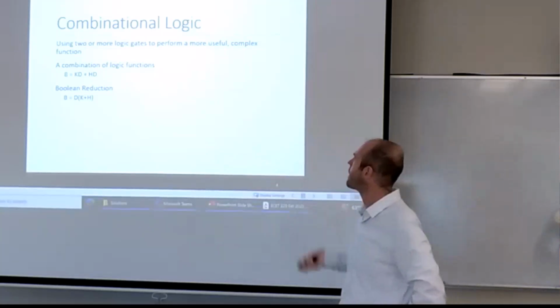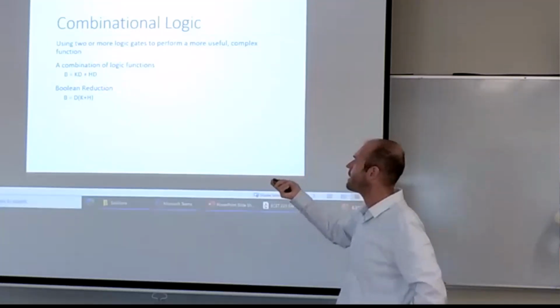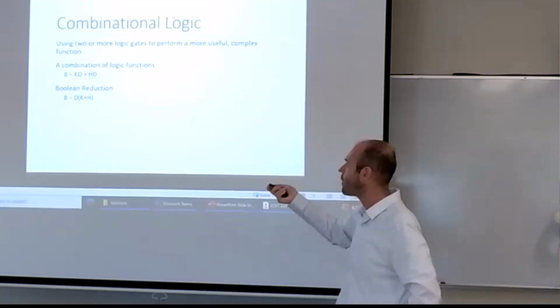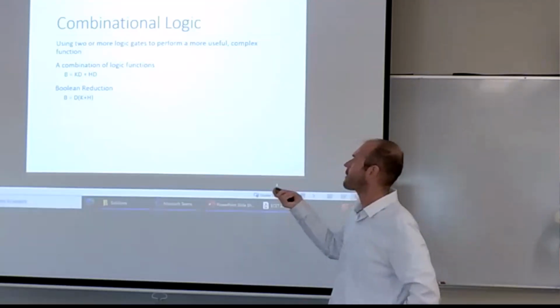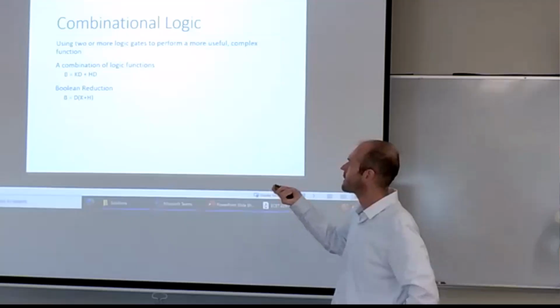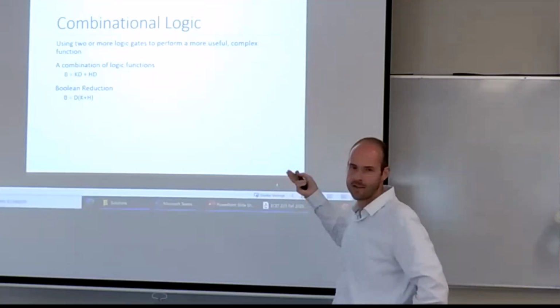And they just happen. But if we look at this example, combination of logic gates, B equals K and D or H and D, we can see if we factored out a D... Looking at just this top one, B equals K and D or H and D, how many gates did I just say when I read that? How many logic gates?